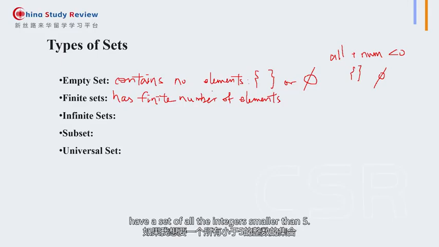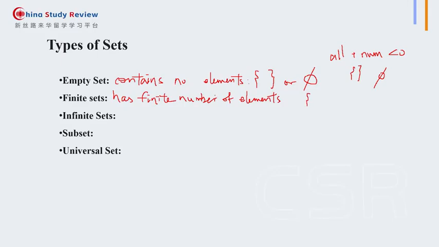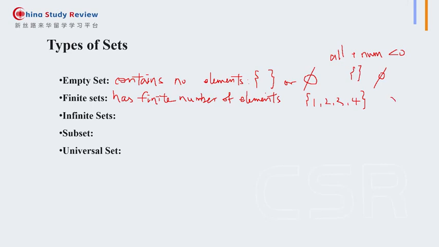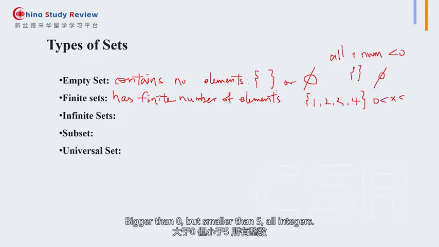For example, if I want to have a set of all the integers smaller than 5 and bigger than 0, then we have 1, 2, 3, 4, right? All integers bigger than 0 but smaller than 5.